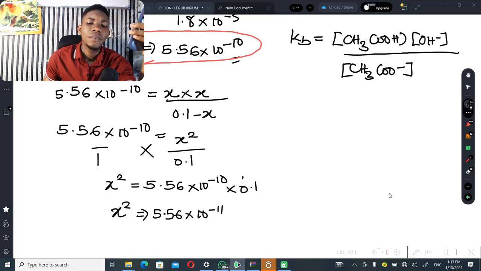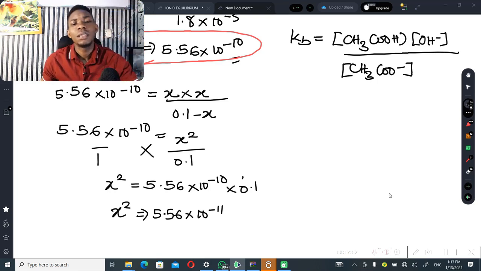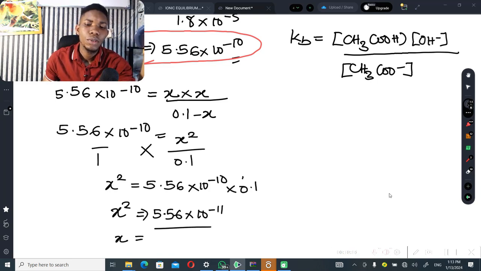So at this point we can now multiply this. It gives us 5.56 times 10 raised to the power of minus 11. So X will be the square root of 5.56 times 10 raised to the power of minus 11.